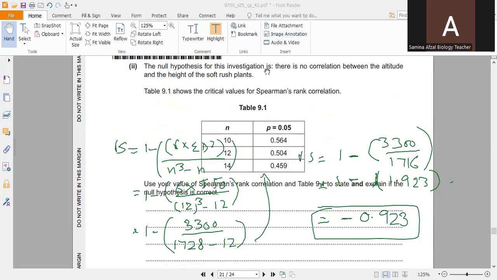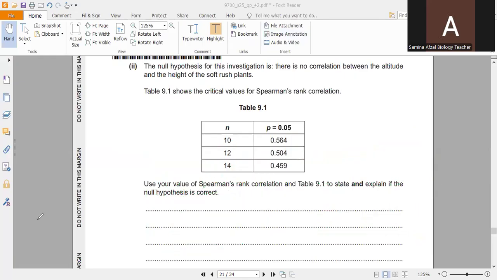Now we will move towards the next question. The null hypothesis for the investigation is there is no correlation between the altitude and the height of the soft rush plants. Table 9.1 shows the critical values for Spearman's rank correlation.